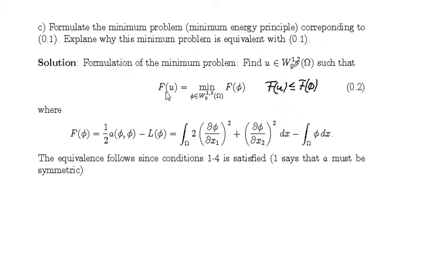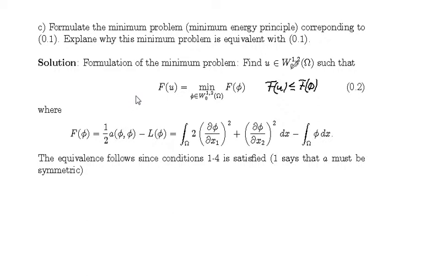And here we always have that this energy functional f of phi is half of A of phi phi minus L of phi, as we have learned in the lectures. So putting in the bilinear form v equal to phi and u equal to phi into the expression, then we obtain this directly.